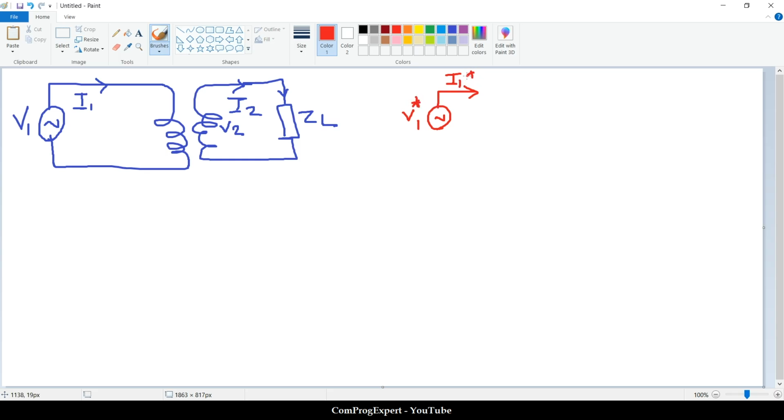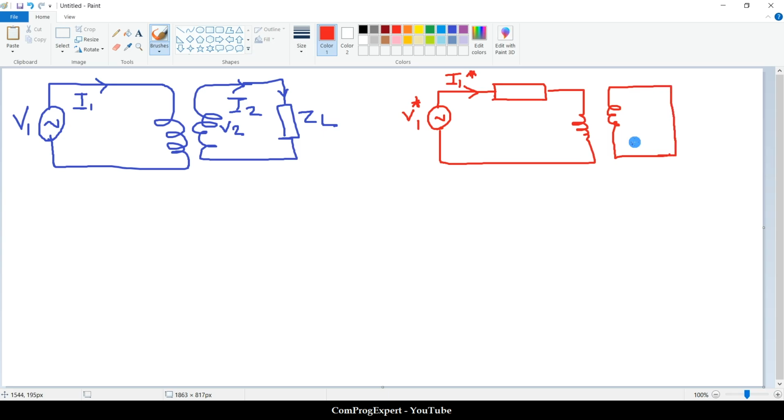This is the second case, where we have this circuit. This is an ideal transformer, and this is actually a short circuit when we transfer ZL here. So this is ZL star. How much is the value of the voltage here in this case?